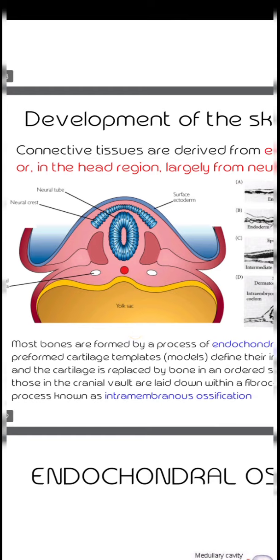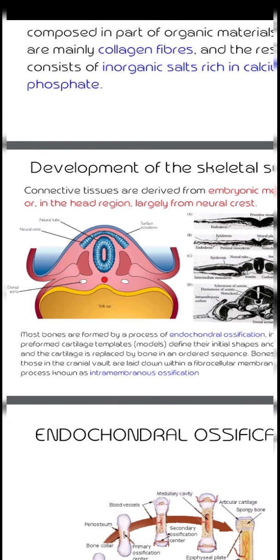When we study embryology, you'll get to know it better, because it needs at least 3 to 4 lectures to properly understand this topic. All the things you need to know would be discussed further in embryology. Right now, you just need to know that the bones arise from the mesodermal layer.